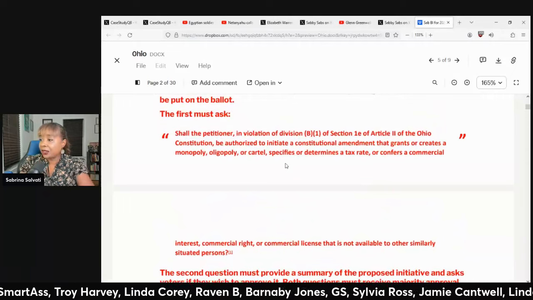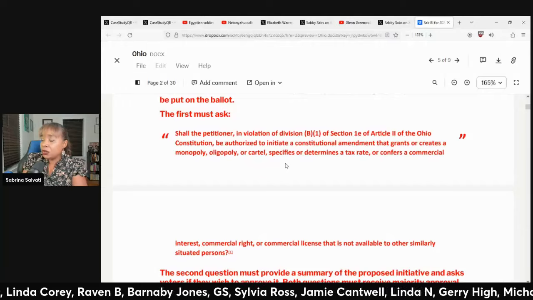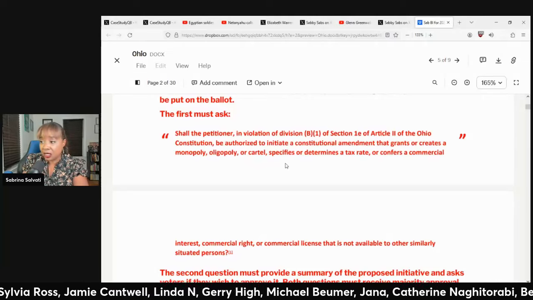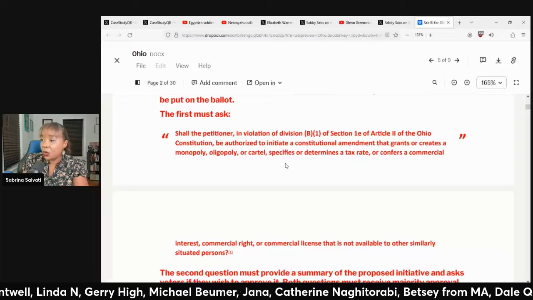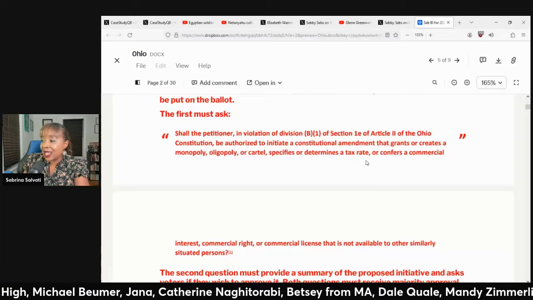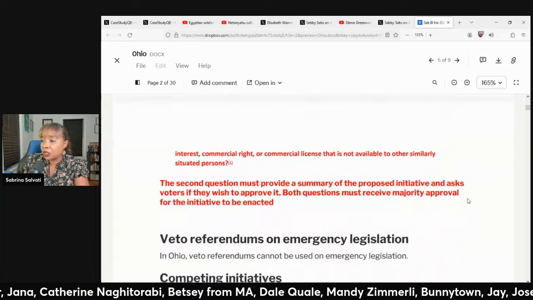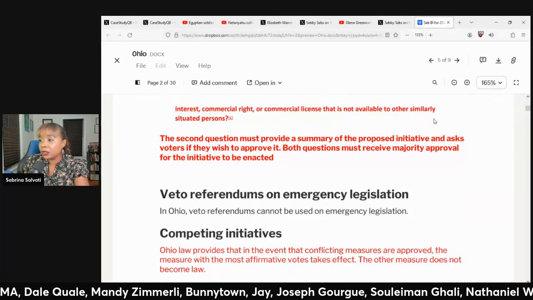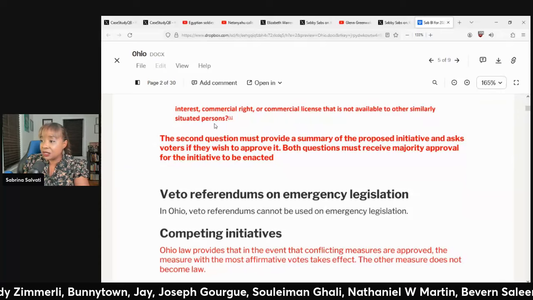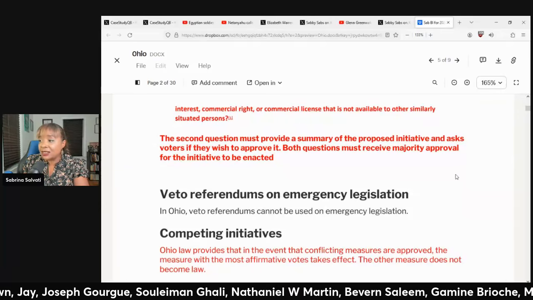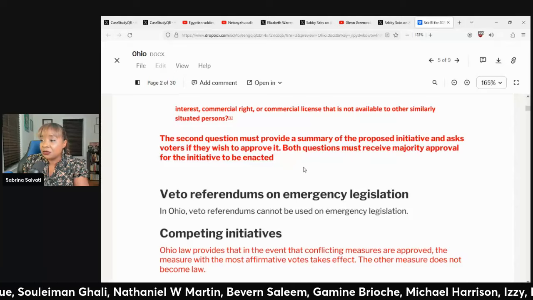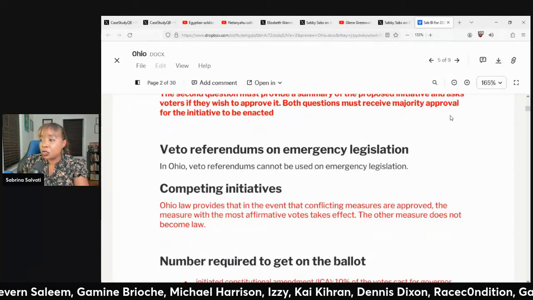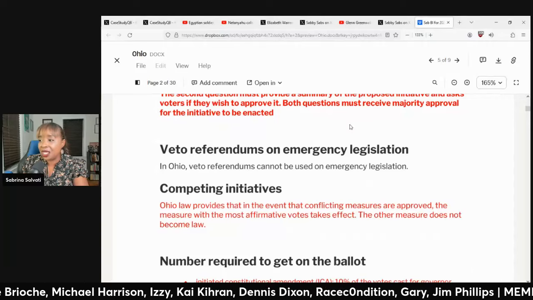Shall the petitioner in violation of this division be authorized to initiate a constitutional amendment that grants or creates a monopoly, oligopoly, or cartel, specifies or determines a tax rate or confers a commercial interest, commercial right, or commercial license that is not available to other similarly situated persons? The second question must provide a summary of the proposed initiative and ask voters if they wish to approve it. Both questions must receive majority approval for the initiative to be enacted.